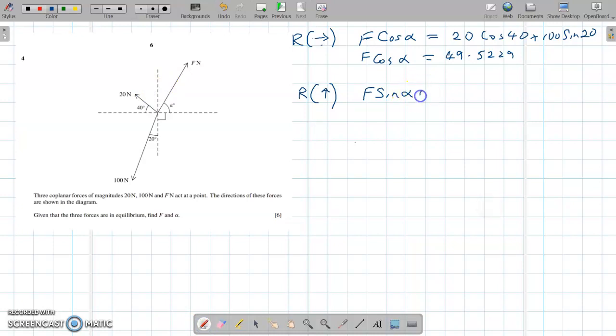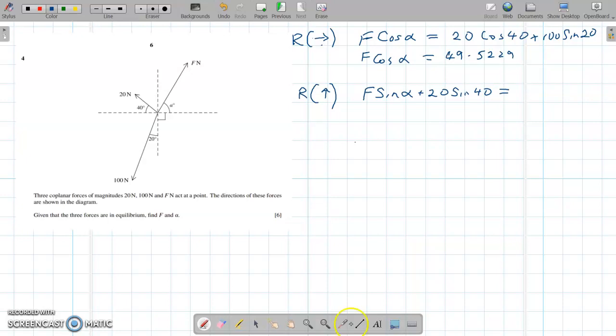So plus 20. Well, 20 cos 40 is the component in this direction, so this direction will be 20 sine 40. Those are all the forces going up.